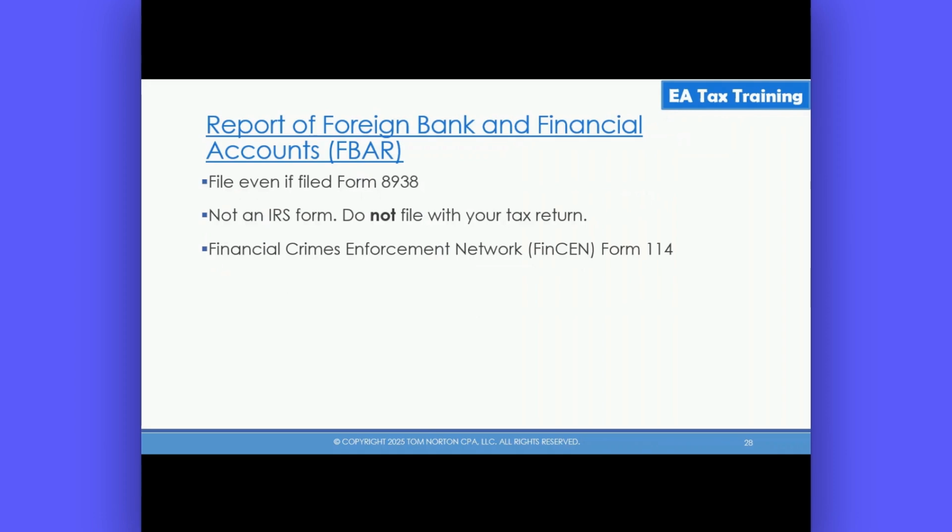You do have to file the FBAR if you're required to file it, even if you filed Form 8938. So it's not like you file one or the other. 8938 is an IRS form that you file with your tax return. The FBAR is not an IRS form. You do not file it with your tax return. So they are two different things.